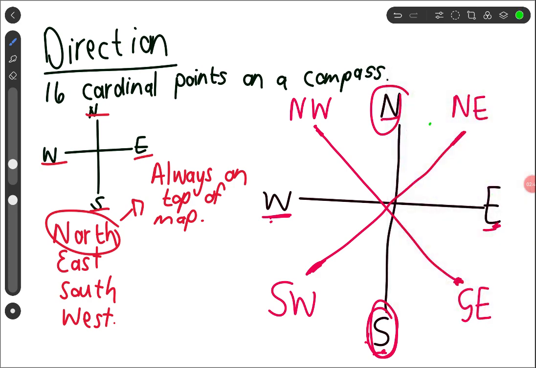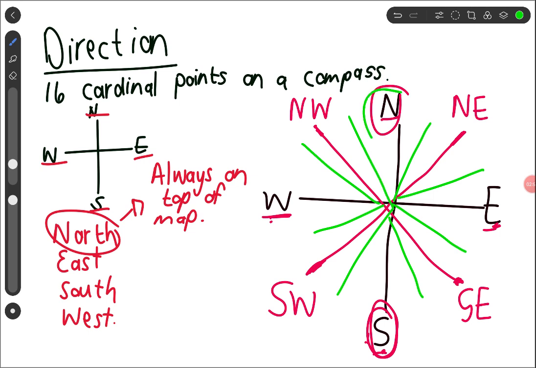Right, then you go again to get the remaining 8 directions. You make it into halves, but now you can use all 4 of the main directions for naming purposes. So we start with the first one. It's between north and northeast. So we start with the main one, north, northeast. This one is between east and northeast.